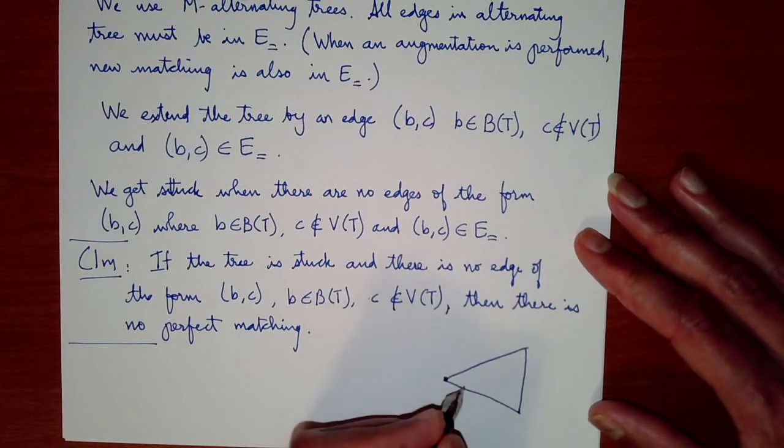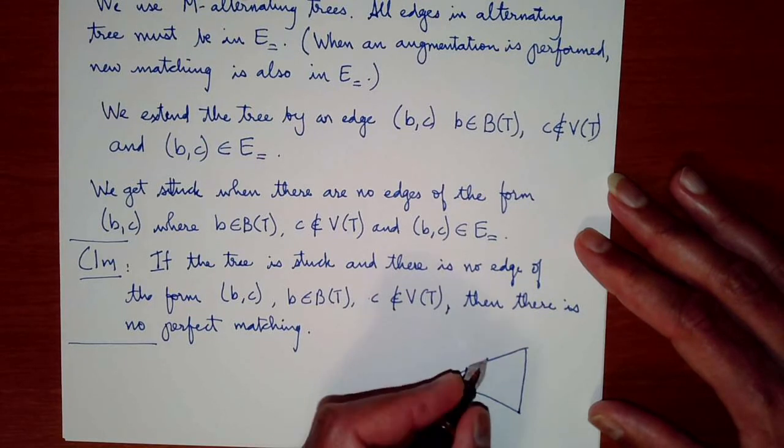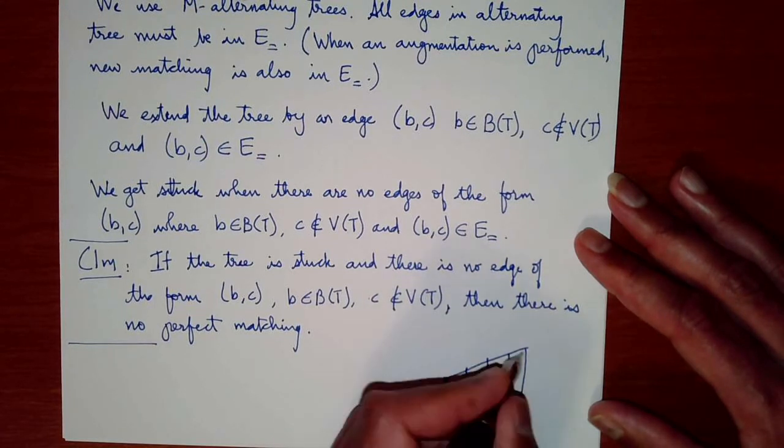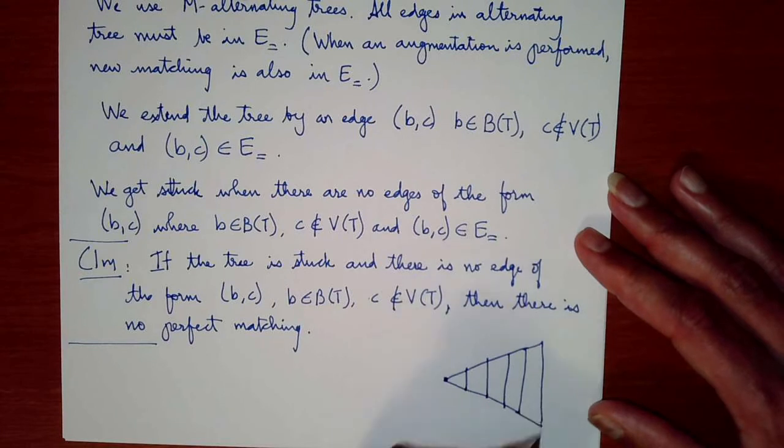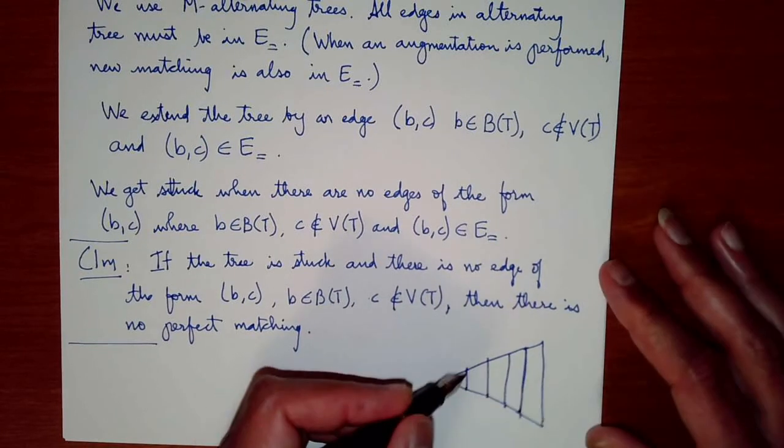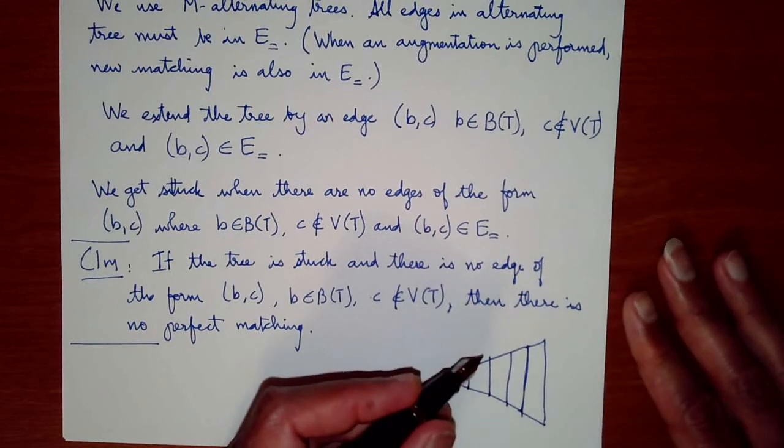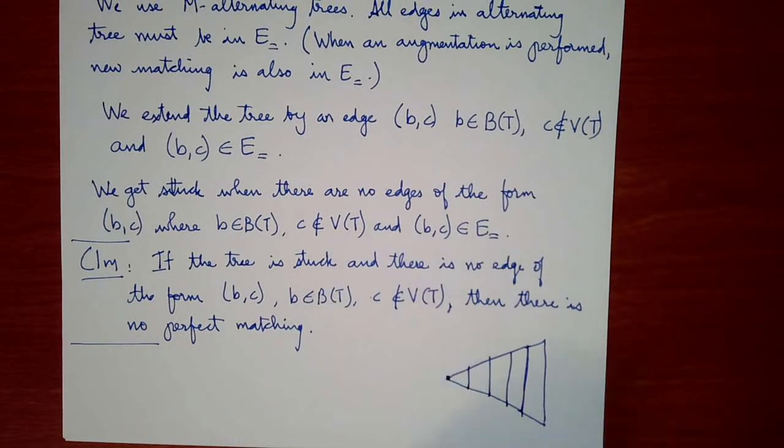And so here is the blue set. Now, if there is no edge leaving the blue set, then there is no perfect matching. And you can prove this using Hall's condition.